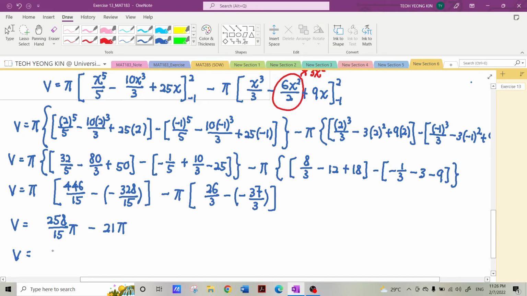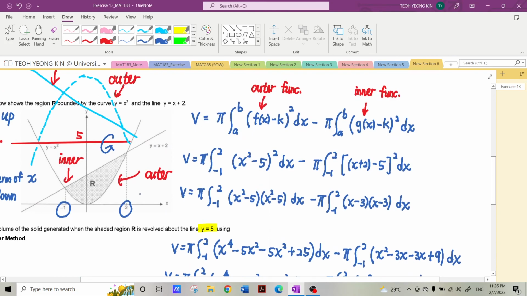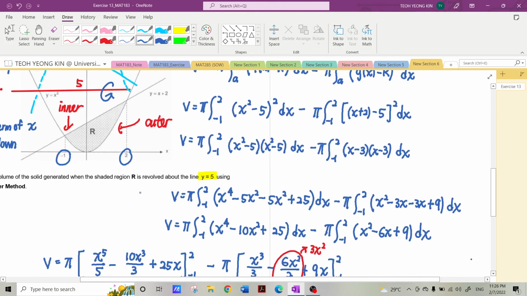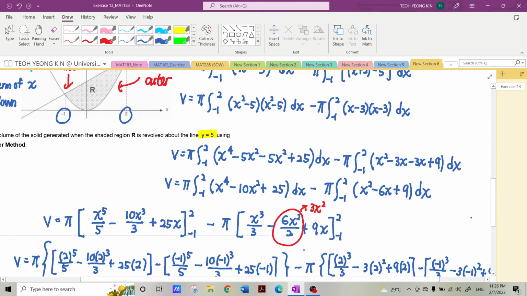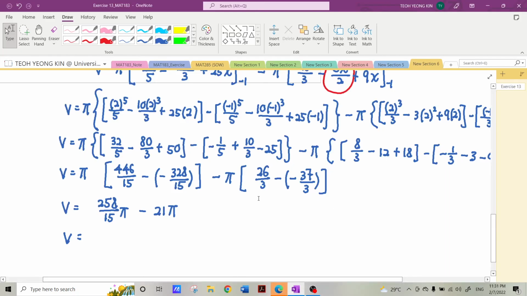Why do we get a negative value? Negative 19 over 5. This is a curve. So if you see this one here, actually, sorry about this part, this one is 258 over 5.